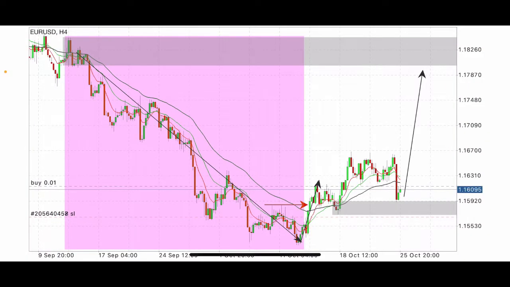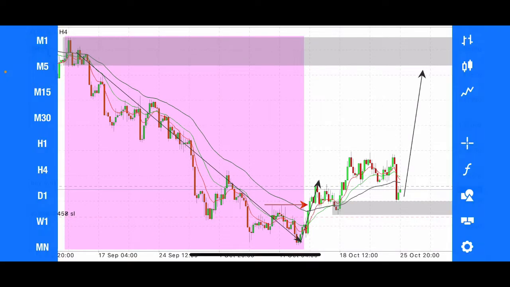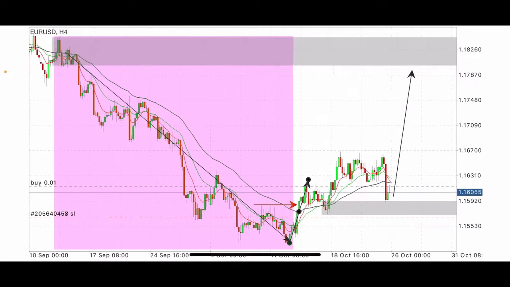So what happened? Price broke previous structure and also broke the EMAs and then came back to test. Many of you are wondering, well, usually price will break structure and then come back to the origin of the move that formed the impulse that broke structure.